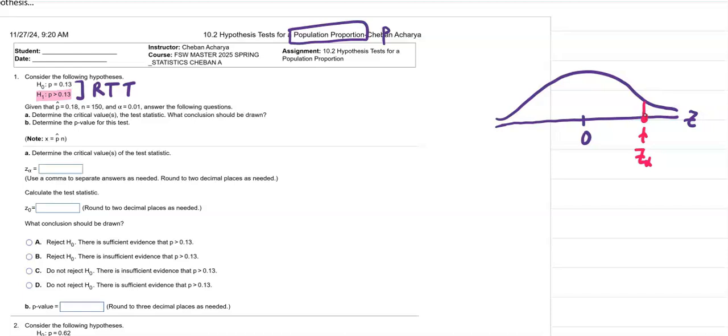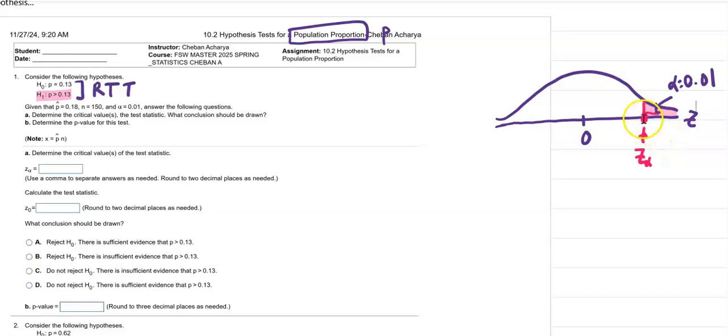The area on the right of the critical value, let me highlight that, is called the level of significance. So this area here is alpha. What's the value of alpha? Here in the question, it's 0.01. Again, it is very important to identify alpha in the graph to find the critical value.